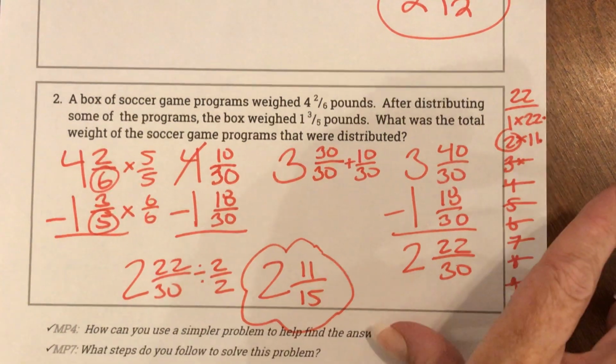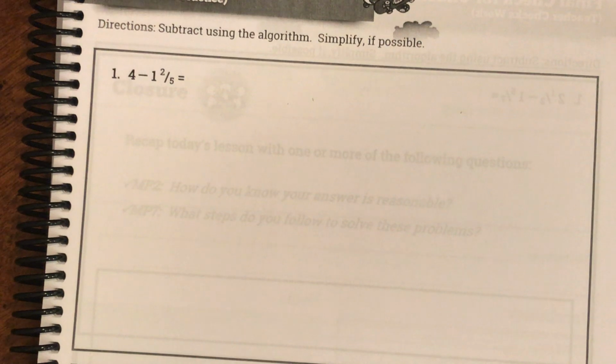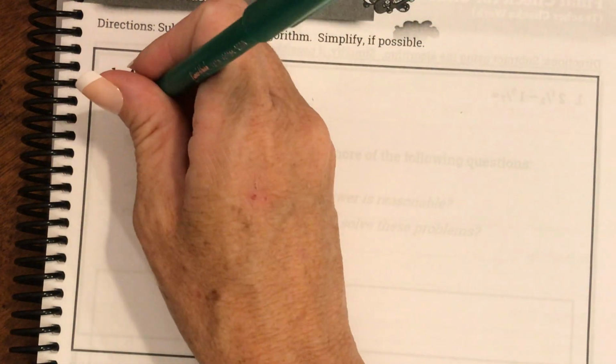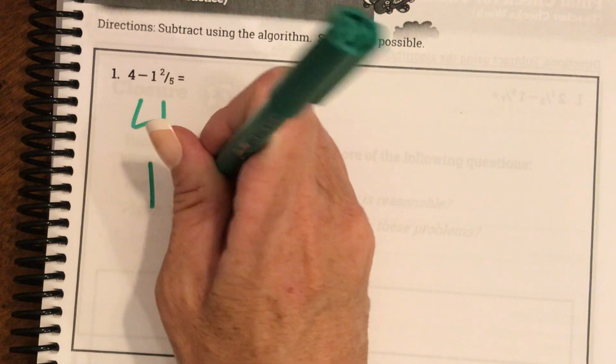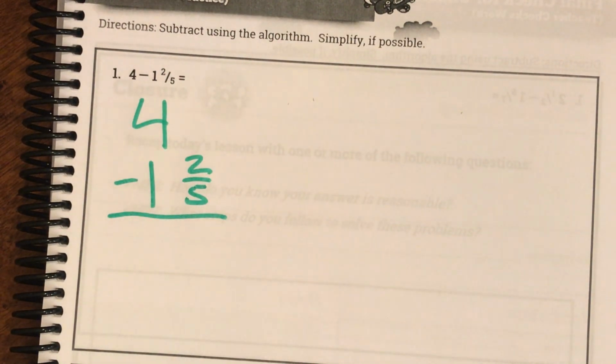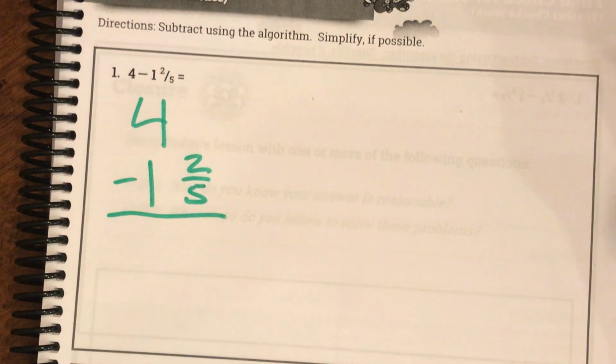Okay, ladies and gentlemen, let's try one together. We're on page 118. Our first problem says 4 take away 1 and 2/5. Okay, so we're gonna set it up. Now this one's really different because I don't have the opposite denominators, so I can't really do that step at all.